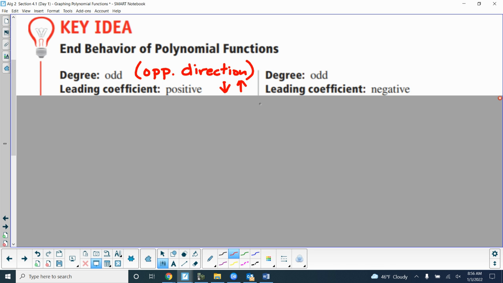You hear what I said? Odd degree, your two ends are opposite directions. Odd, O, opposite, O. If your leading coefficient's negative, that means the far right is going down. And we got an odd degree. What does that mean the far left's doing? Going up, opposite direction.